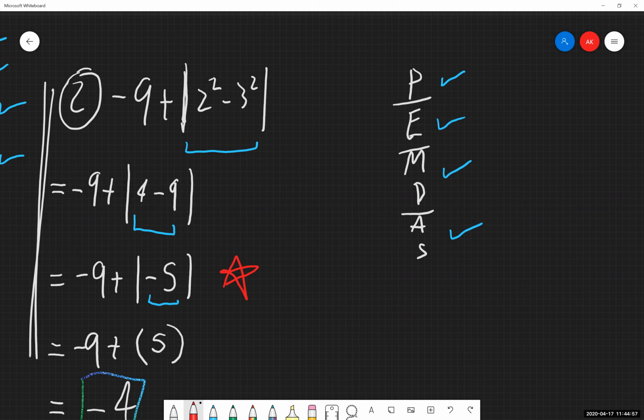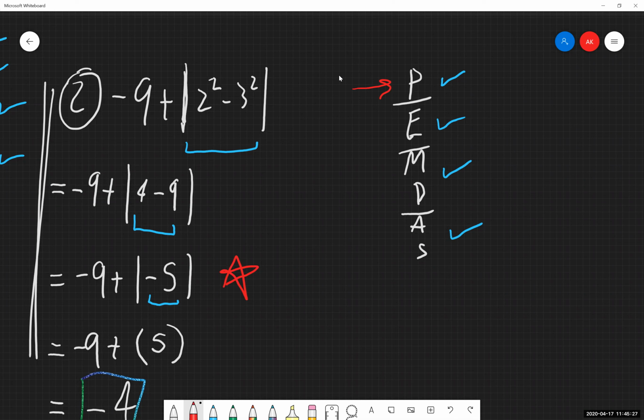If there's anything else in there, any other operations that you could do, you cannot apply the absolute value property. And if you do, you are going to lose points because you're going to get a wrong answer. So the absolute value property is the last thing you do in the parenthesis portion of the PEMDAS step.